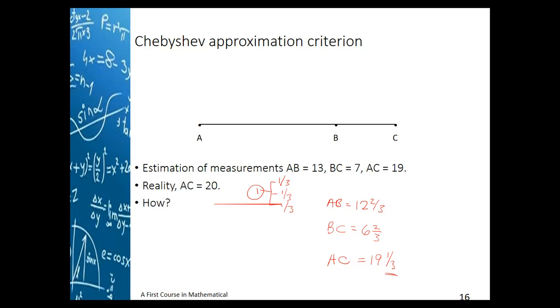That's why you have 19 1/3 for your AC, and it fits the requirement: your AB plus your BC must equal your AC. In this case, 12 2/3 plus 6 2/3, you will have 19 1/3.